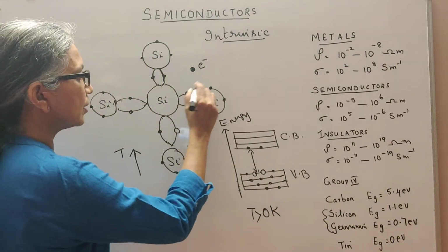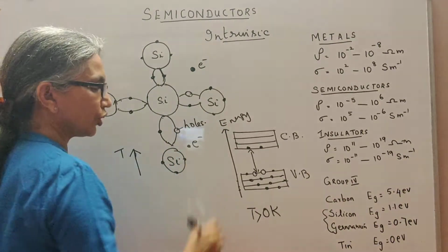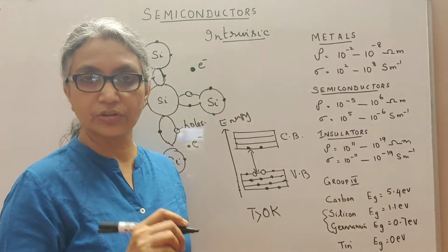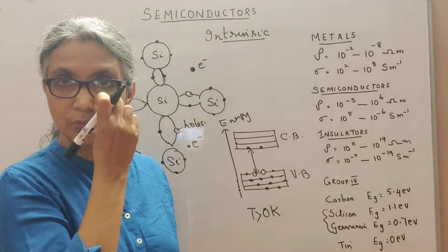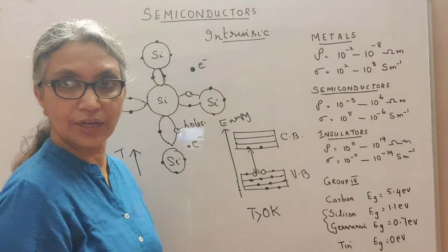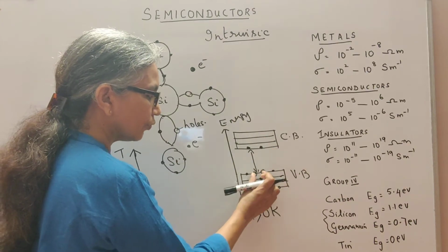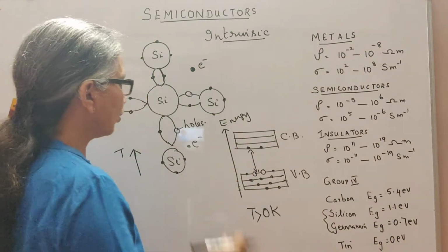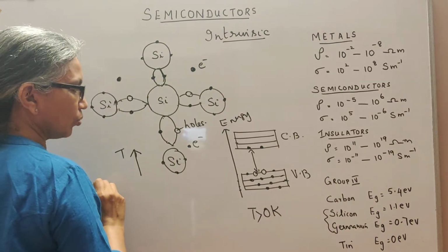These vacancies are what you call holes. Holes are just vacancies of electrons. Electrons have become free, leaving a vacancy, and that vacancy is called a hole, which appears in the valence band. If we have 2 free electrons, we have 2 holes. If 3 electrons become free, we have 3 holes.